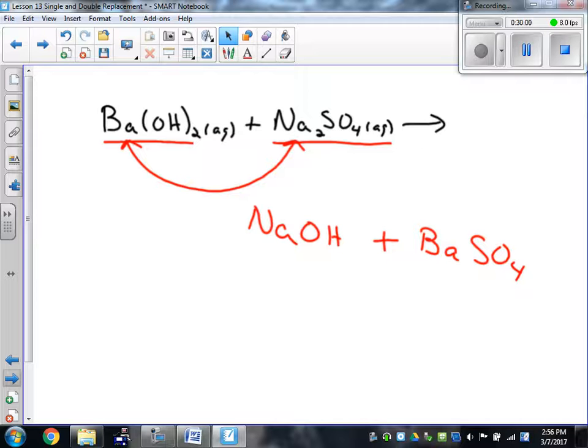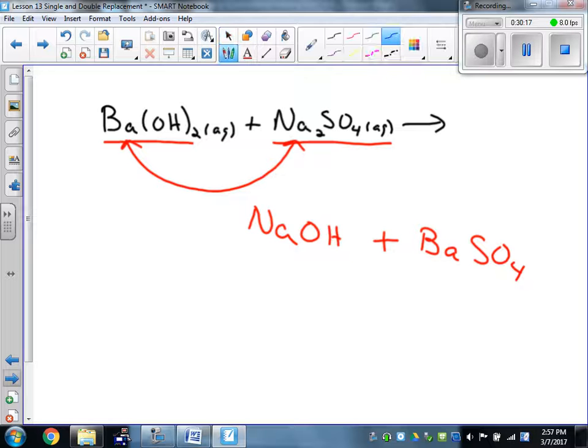Is Na 1 plus a group 1? Yep. Na right there, group 1. That's very soluble, right? That's the very soluble row. So I'm going to put here AQ, very soluble.